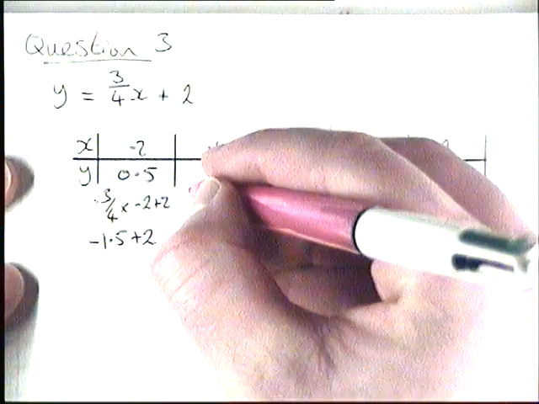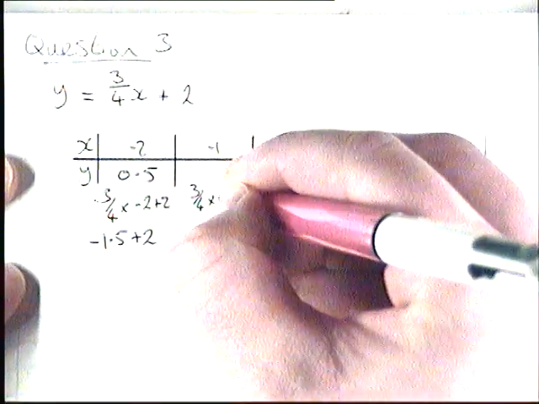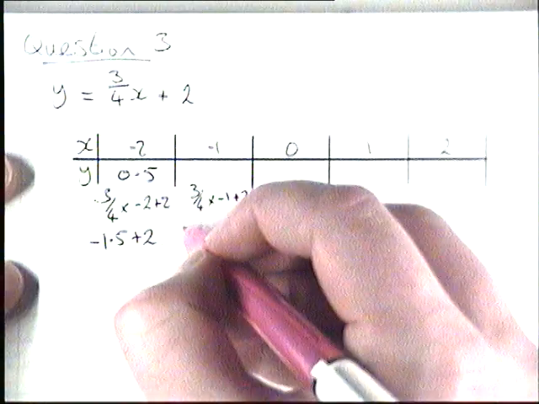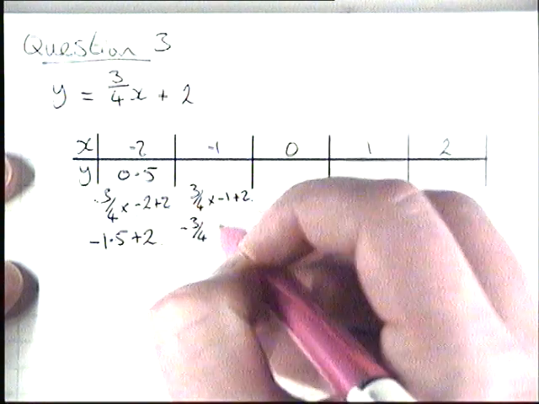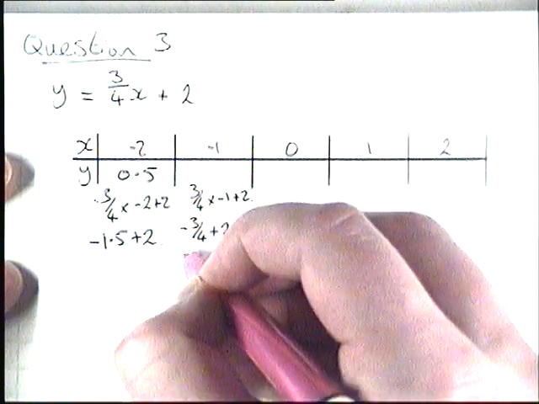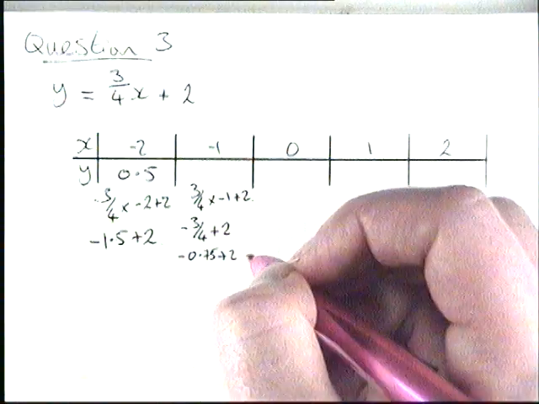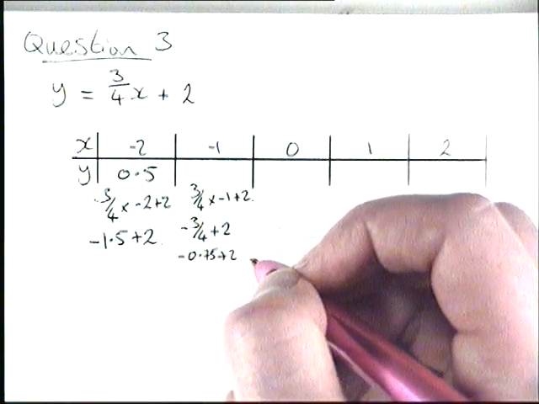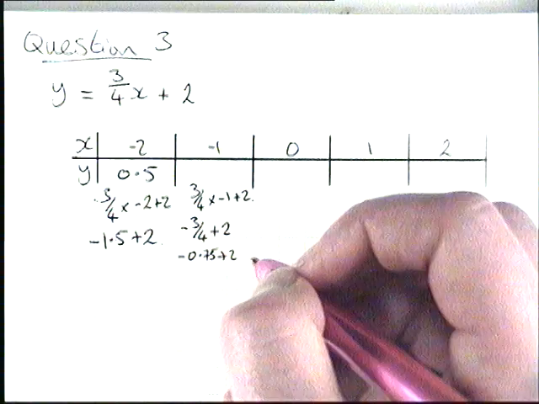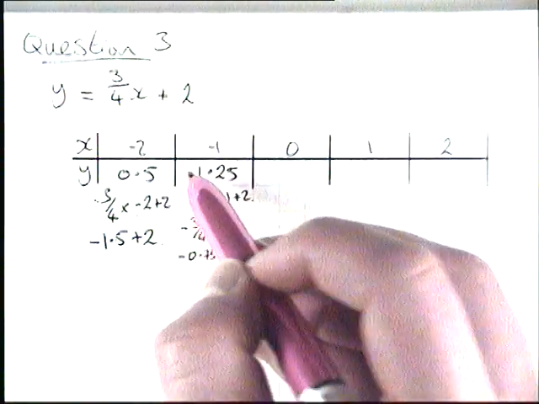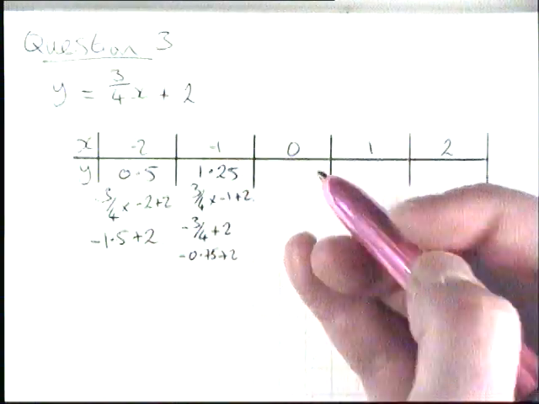Next one, we've got 3/4 times minus 1 plus 2, so that'll give us minus 3/4 plus 2, or minus 0.75 plus 2. Minus 0.75 plus 2 gives you 1.25. So you can see we've added on the 0.75.